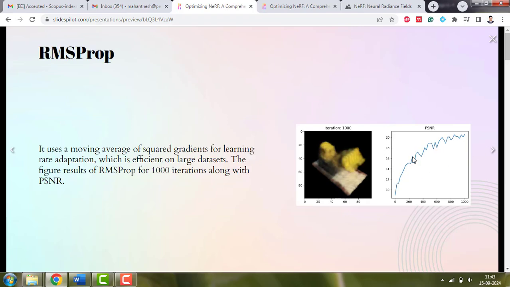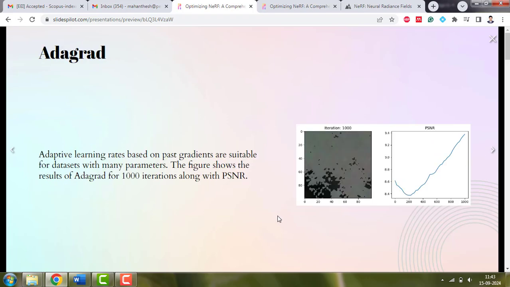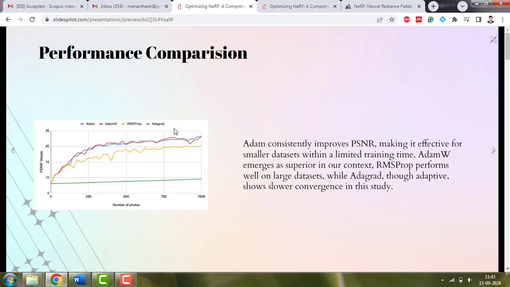It is quite linear in terms of PSNR, and after that we have Adagrad, where the PSNR has its own advantage, as I already discussed. It's okay if you have different things, but the PSNR is very low compared to the other one.